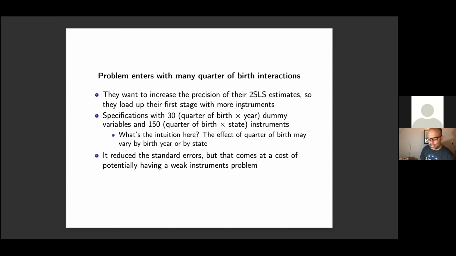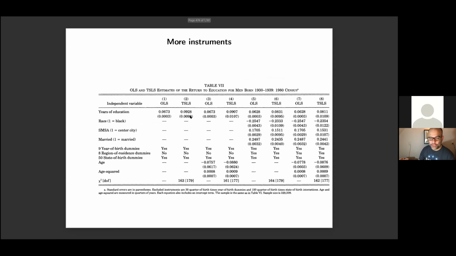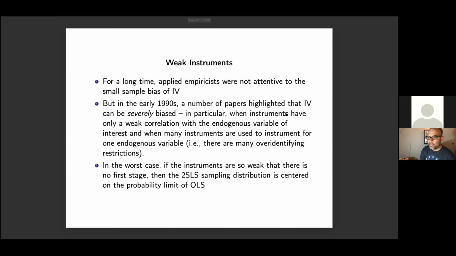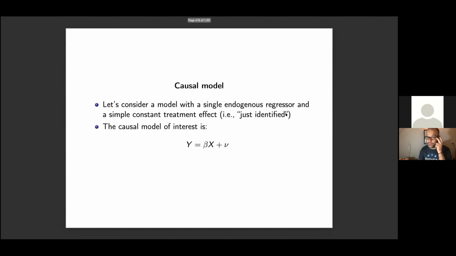So this did cause their standard errors to get smaller. You can see right there, they get a larger coefficient, and their standard errors decrease. Then they do some more specifications of it. But this issue of 180 instruments and some of them being weak gets the attention of some applied econometrician types.